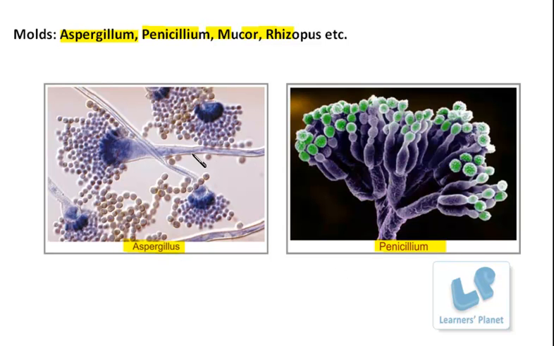See, here you can see in the Aspergillus, they have this initial stalk-like structure, which further forms this cone-like body, right? This circular structure is formed, and over that these small bodies are produced. Fine. Whereas in the case of Penicillium, a single stalk is there, and further there are branches, and these branches further form the other parts.